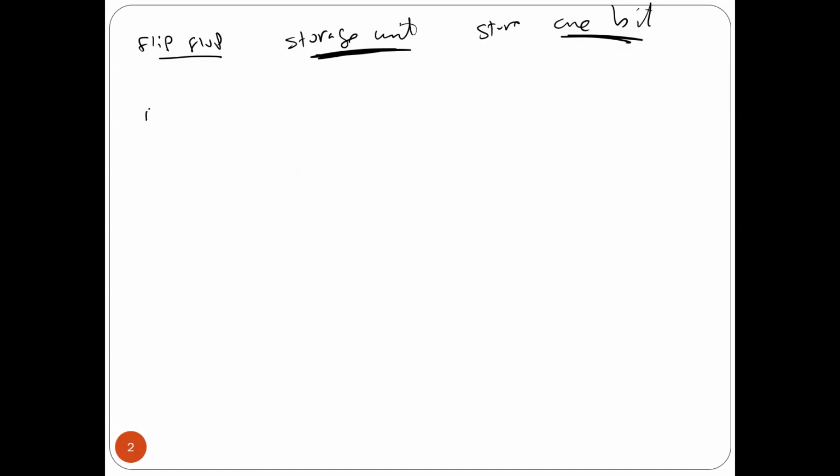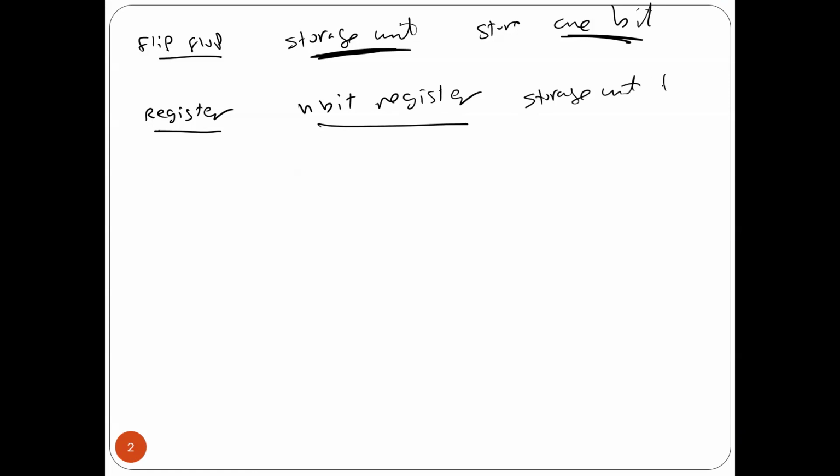Now, what about a register? If you have, for example, an n-bit register, an n-bit register is a storage unit that can store a number of n bits. So an n-bit register is actually a storage unit that can store a number, this number of n bits.